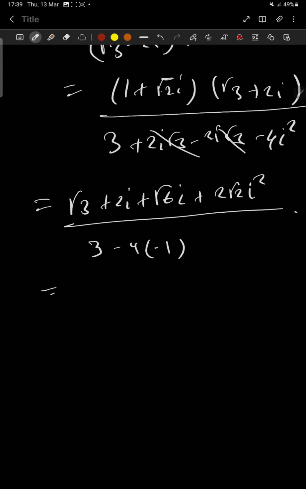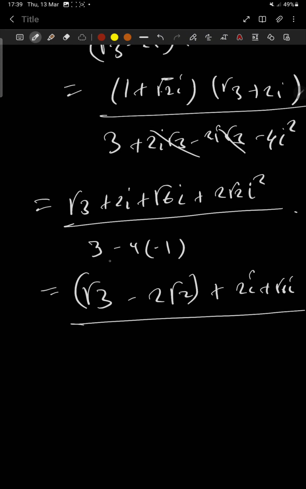Now i squared is -1, so this will be square root of 3 minus 2 square root of 2, plus 2i, plus the square root of 6 i. This is a real part and that's an imaginary part, over 7. That's the answer.